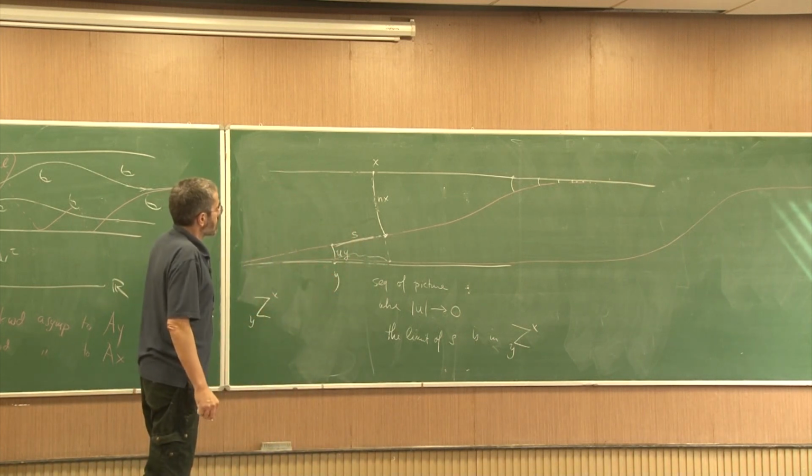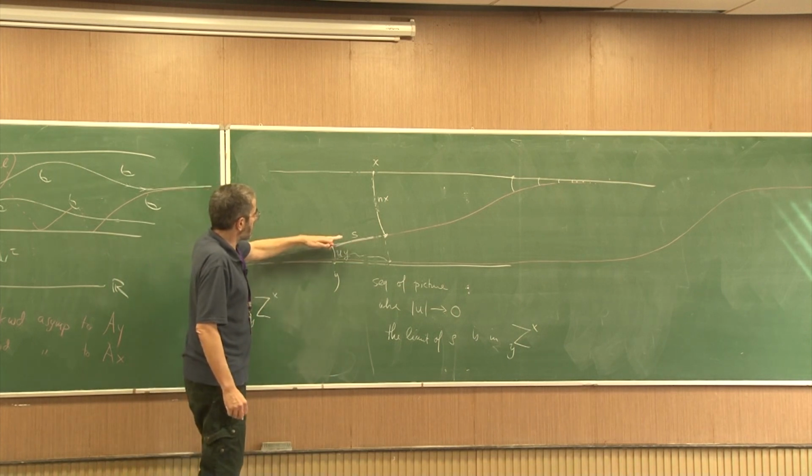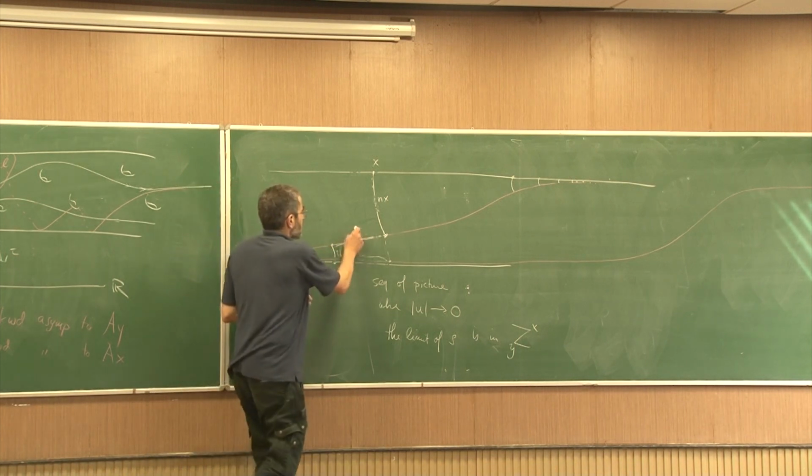The last thing I want to say, I have almost no time, so let me say the following. There's another way to figure out what this number is going to be.